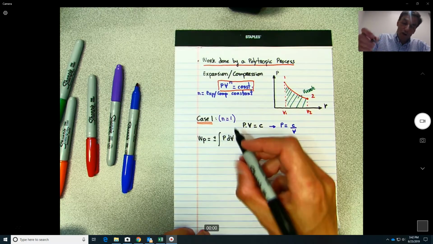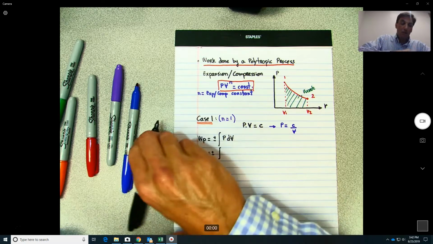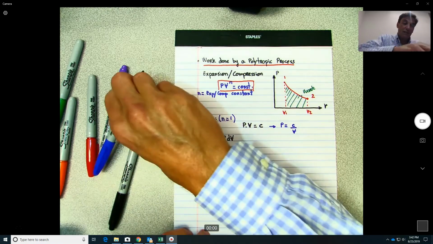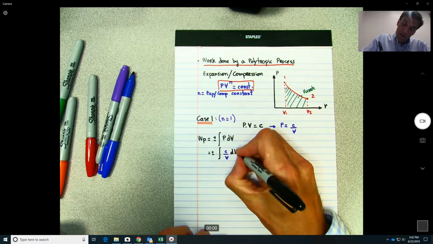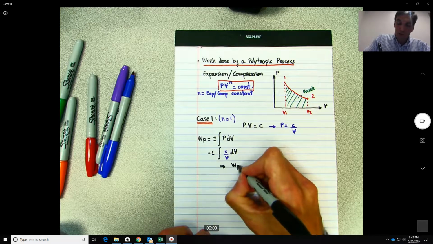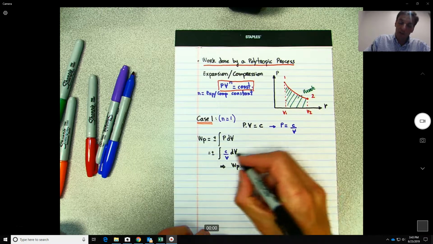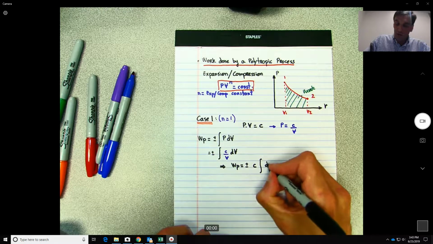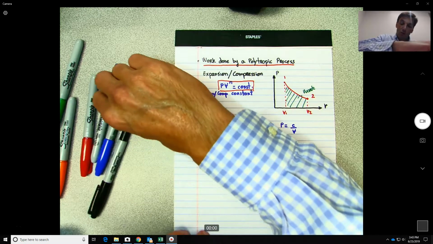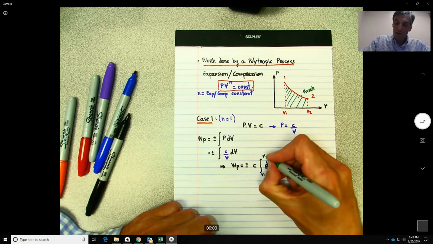So this will be equal to plus minus the integral of P, which is C over V, dV. Or we can rewrite this as work of pressure equal plus minus C, putting the constant outside the integration sign, integral of dV over V, and we will integrate between volumes V1 and V2.